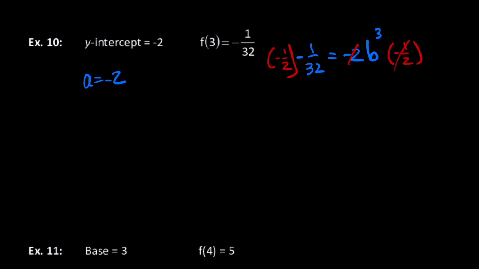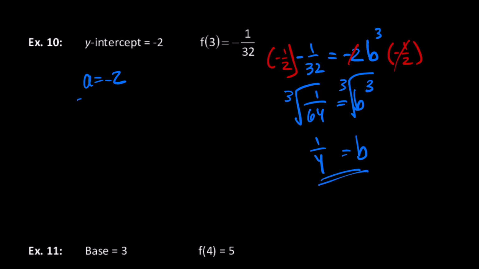I don't really want to divide fractions, so let's think of multiplying by the reciprocal. Well, those will cancel, and that gives me b cubed. -1/2 times -1/32 is 1/64. Well, now I take the cube root, and yeah, it's a fraction, but it's really not that bad. You should know the cube root of 64 is 4. This gives me 1/4, and there's my b value. There's my a value.